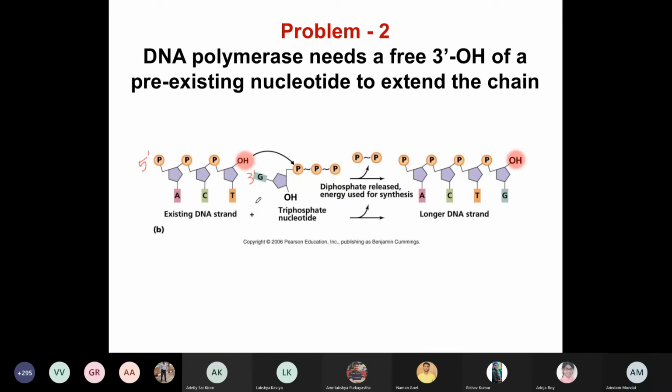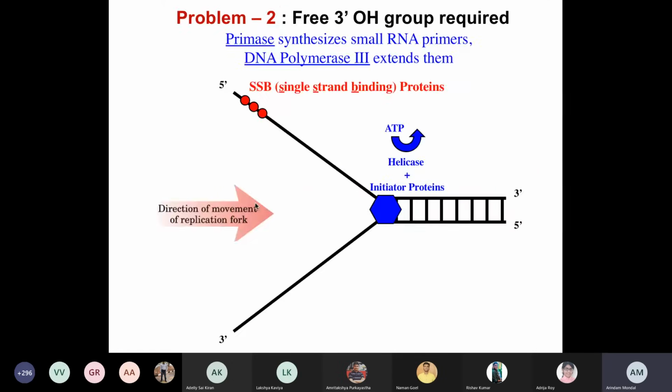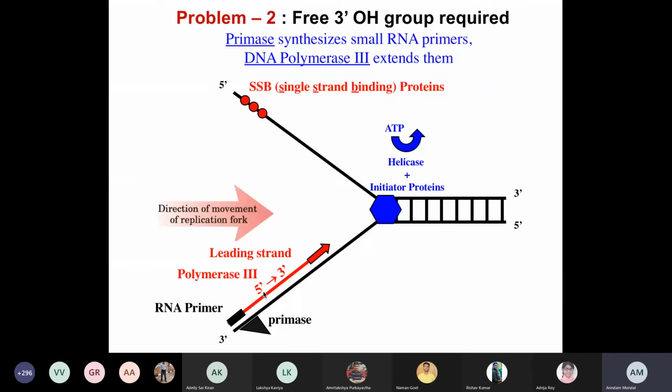So in which direction is the DNA getting synthesized? 5' to 3', right? And that is true for all DNA synthesis. The DNA polymerase should read the template in a 3' to 5' direction, and it should be synthesizing the DNA in a 5' to 3' direction.